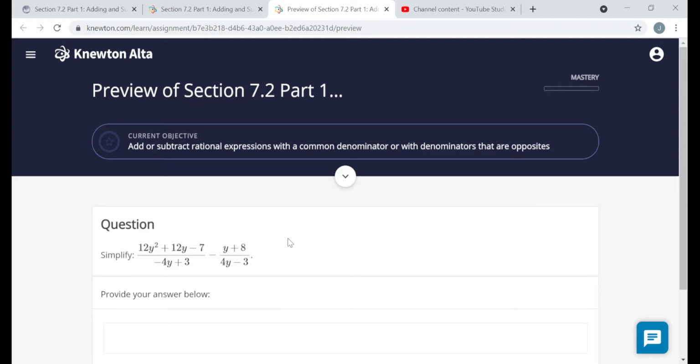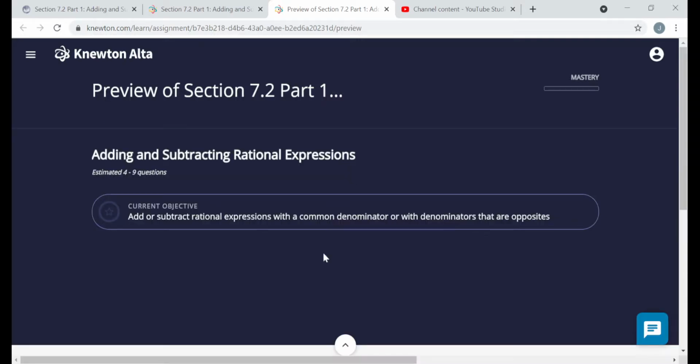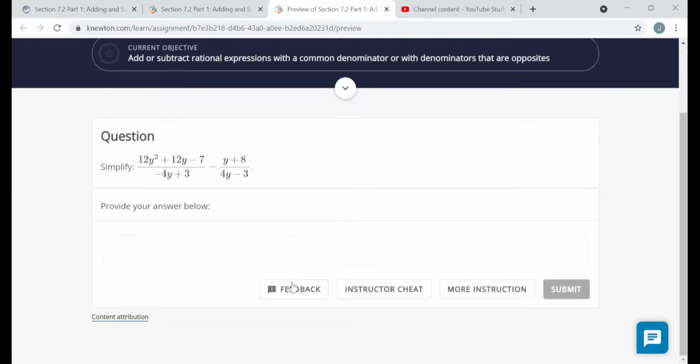Okay, so here's the homework page, the assignment page. You're just going to see the title of the section and the mastery bar telling you how far along you've gotten in the section. The objectives, which it looks like there's only the one objective for this assignment. Then you have your questions, and at the bottom of every question there is a feedback button, which you can send feedback to Knewton through.